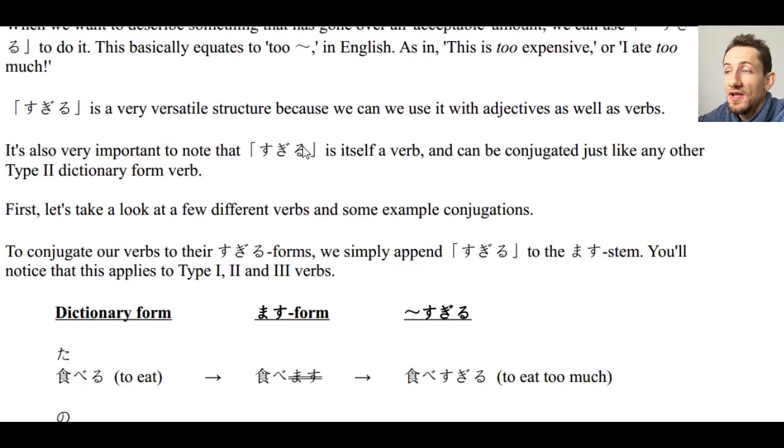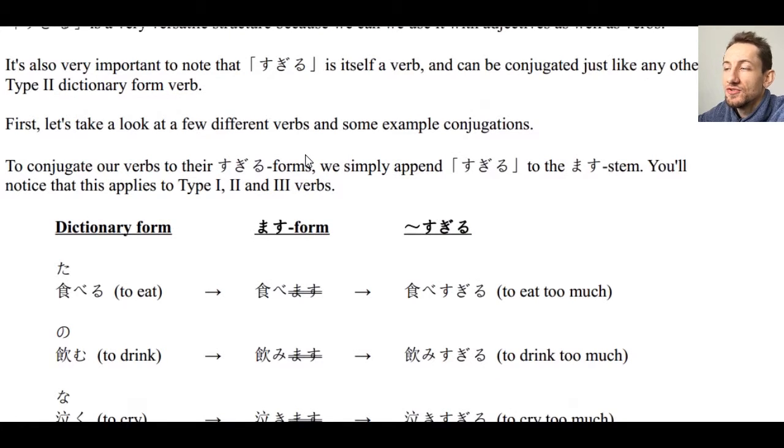So we can make it negative, we can use the past tense negative, the conditional form. We'll see examples of that in the sentences we look at. But hopefully by now you are comfortable with suginai, suginakatta, or sugitara, conjugating to the different forms. If you're not, be sure to review.